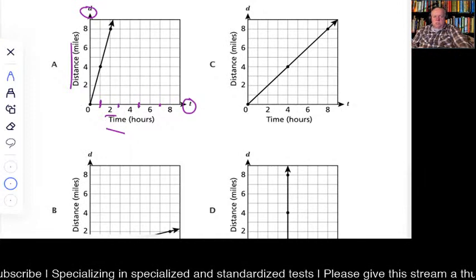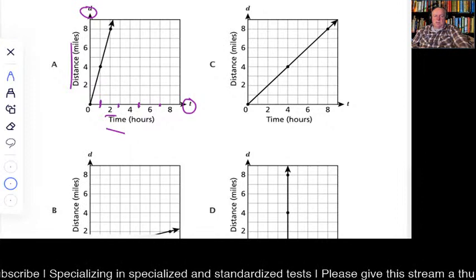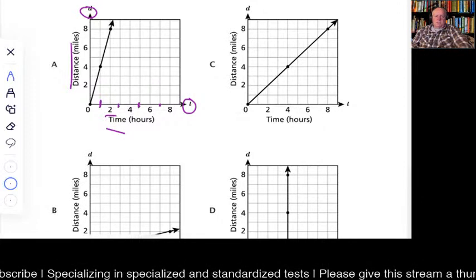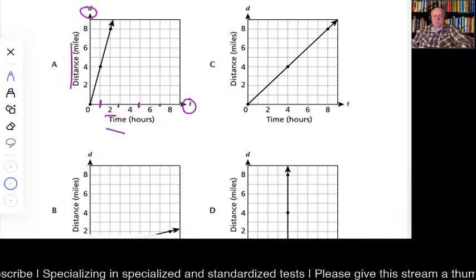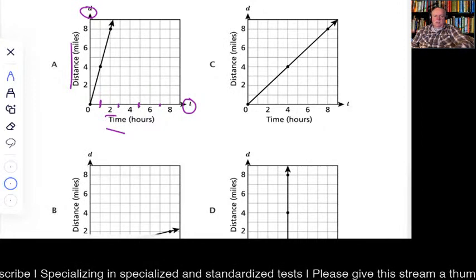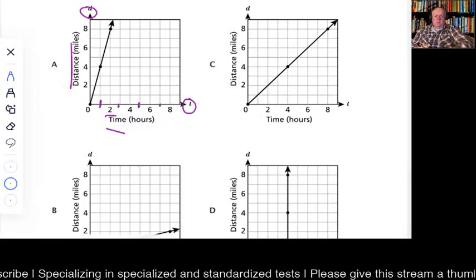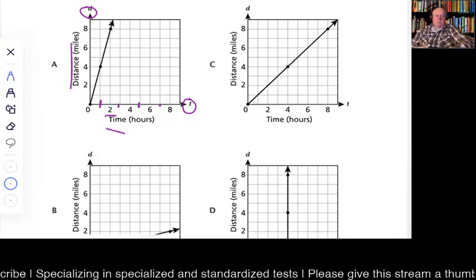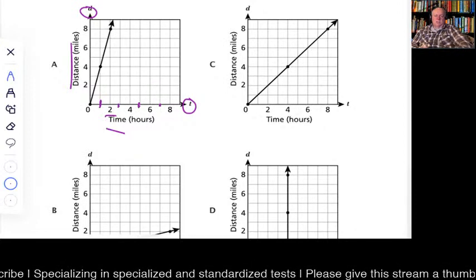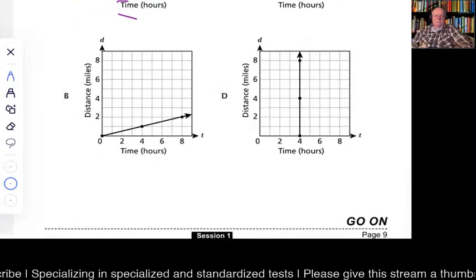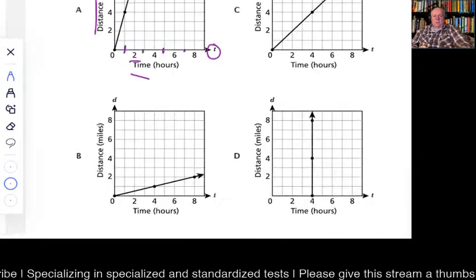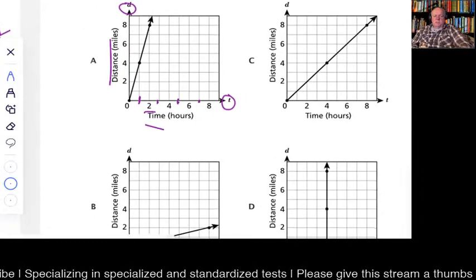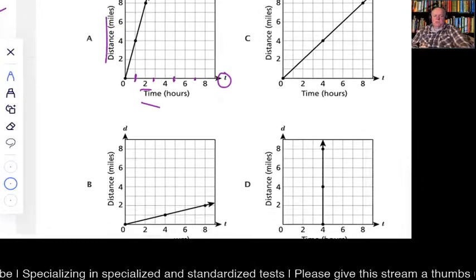Choice C is next to A, and it seems to have the same stuff. The horizontal is T, the vertical is D. It goes 2, 4, 6, 8. The bottom is called time, the left is called distance. Let's see if that's true of all the others. Yes, it is. We notice they all have different slopes.